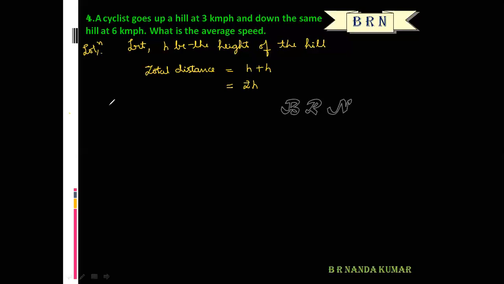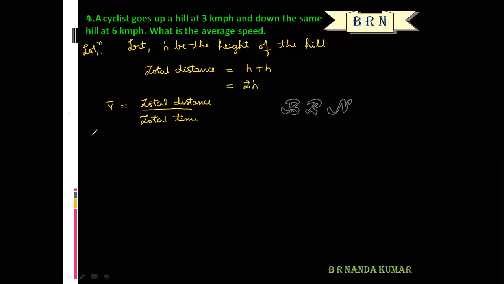So average speed is the total distance divided by the total time. Is it not?